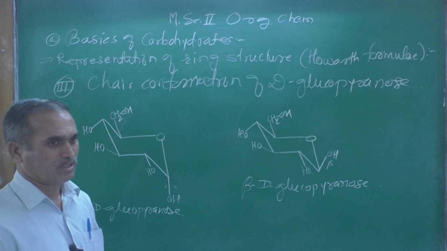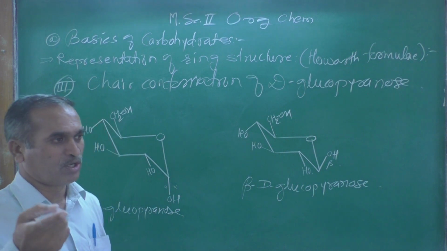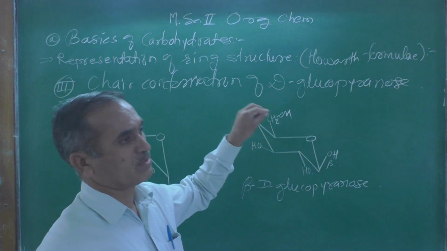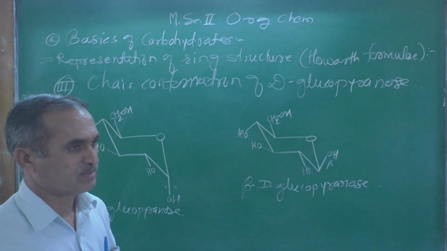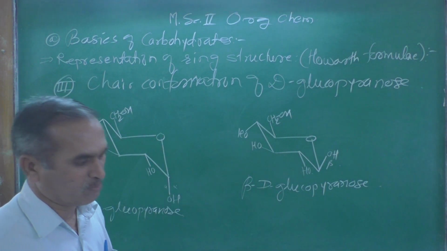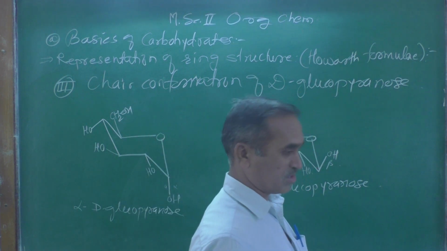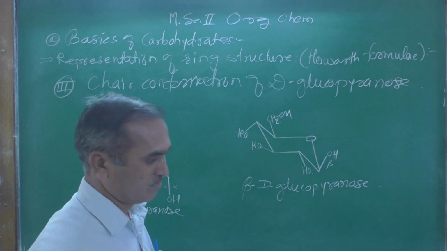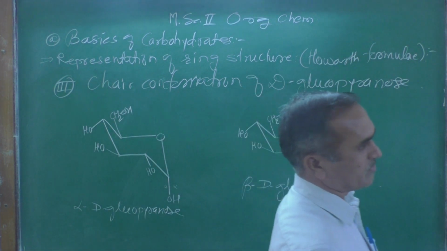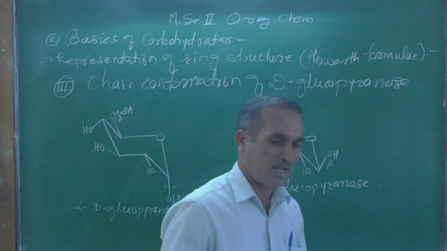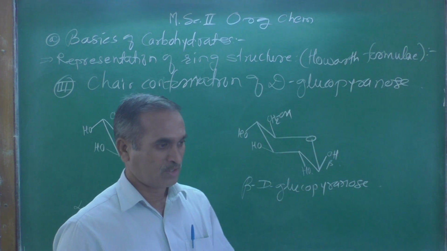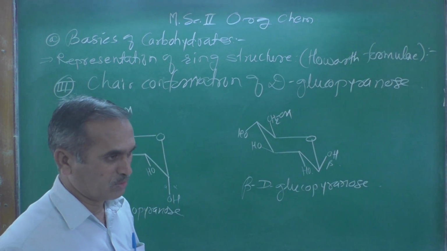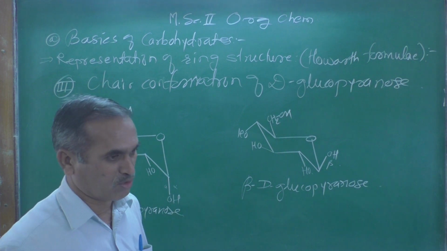On the basis of our previous knowledge, the conformation in which the bulkier groups are at equatorial positions is more stable. But in every rule there are exceptions. Right now we don't know which conformation is more stable.